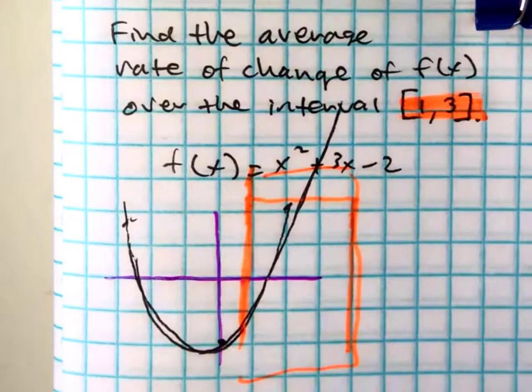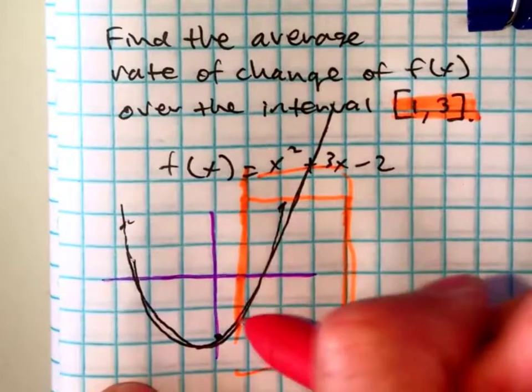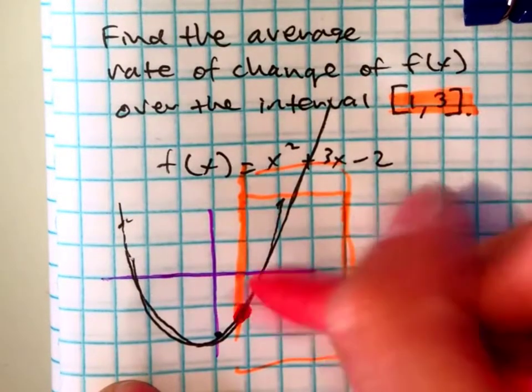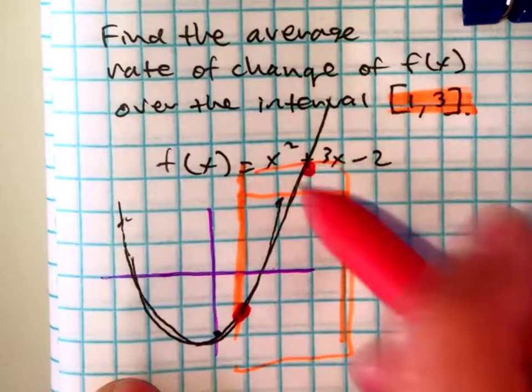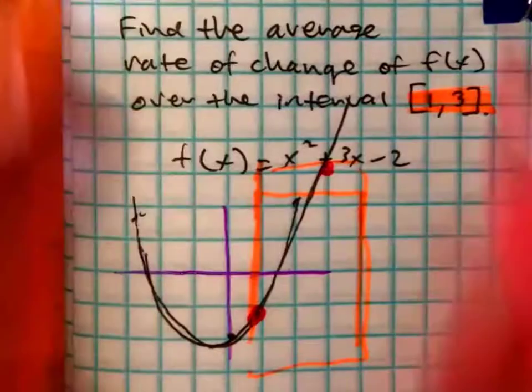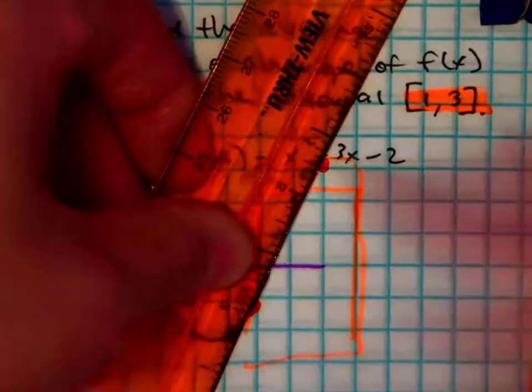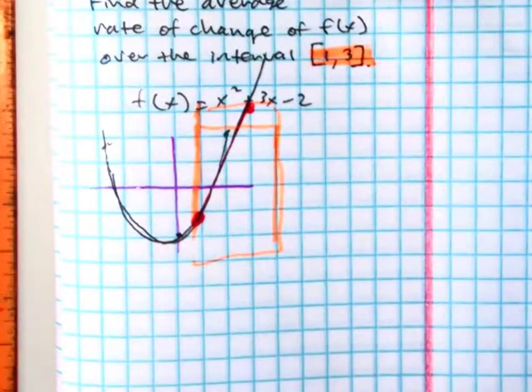Basically, what they're asking for is, at 1, what's the slope between this point and the point at 3, something like this? What's the slope of these red 2 points? Okay, so that's what's happening. So, what does that mean for us?